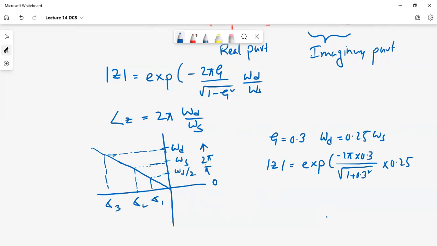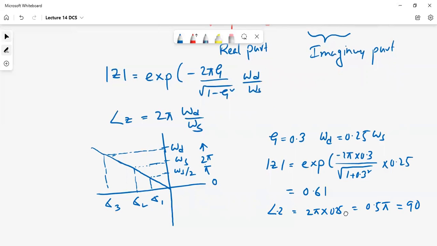So at any particular point, we can figure out the magnitude, 0.61. Similarly, what will be your angle at that point? Angle will be given by twice pi into 0.25, that is basically 0.5 pi or pi by 2 or 90 degrees.